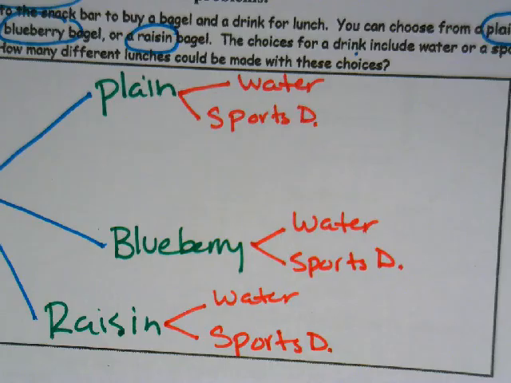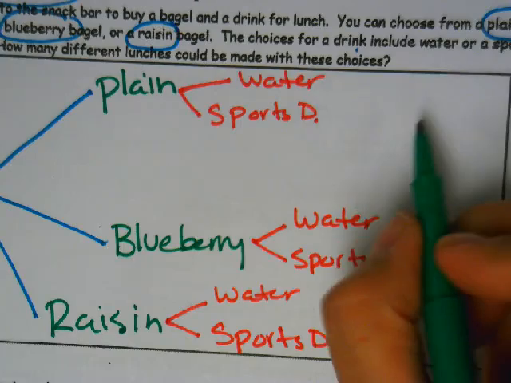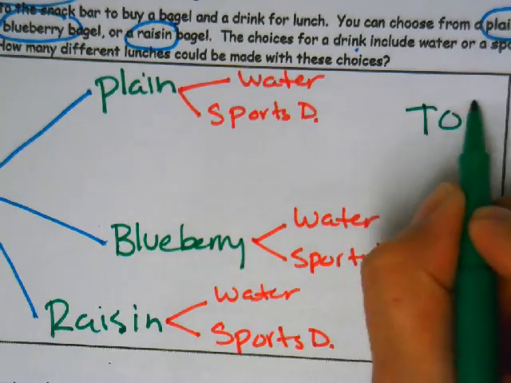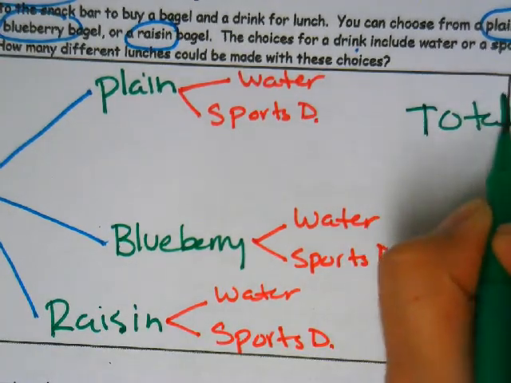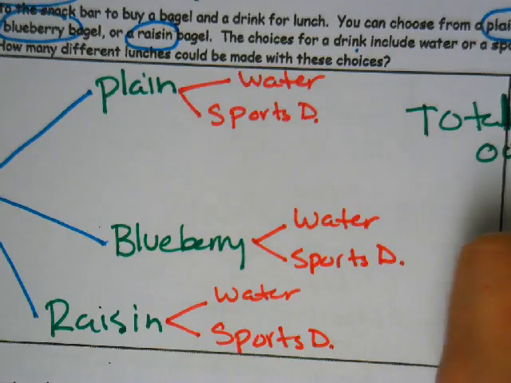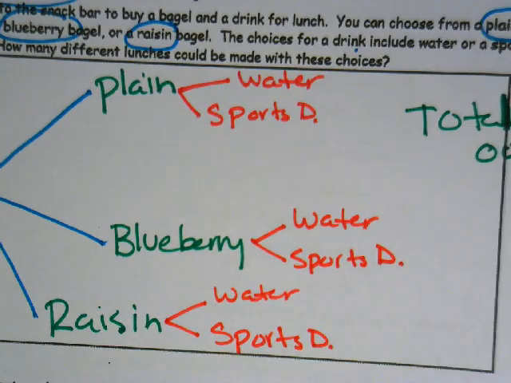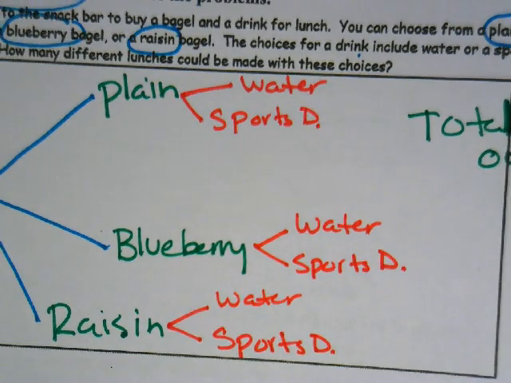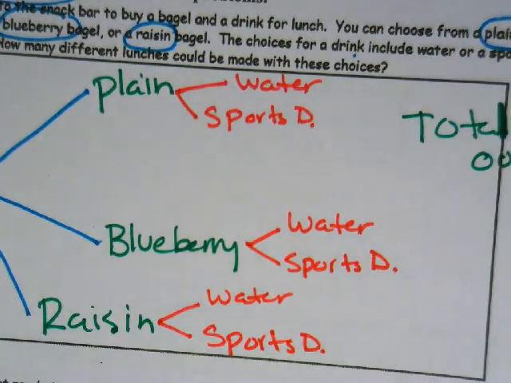Okay. How many outcomes are there in total? So write this down. Total outcomes. Hold on.